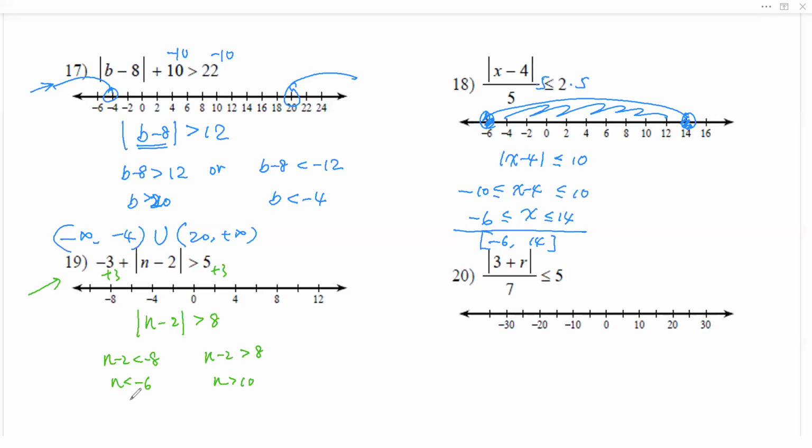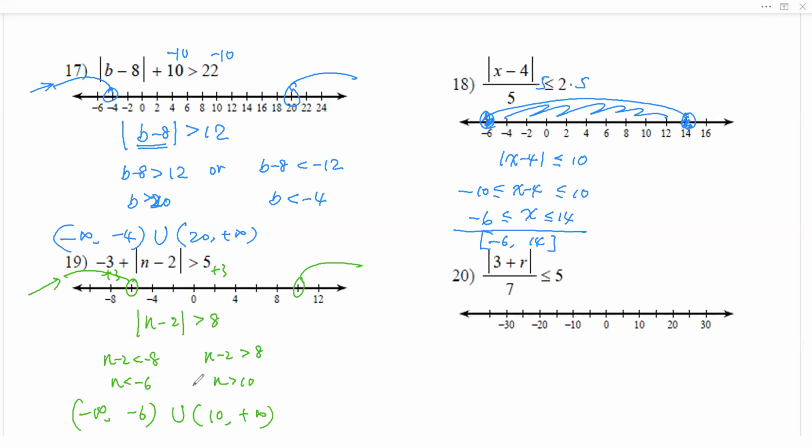All right. So when we're graphing, negative 6 and less is this part, and greater than 10 is this part, right? So it's negative infinity to negative 6 and 10 to, I'm sorry, is it 10? Yeah, 10 to positive infinity.